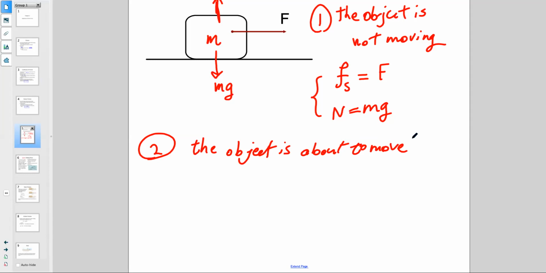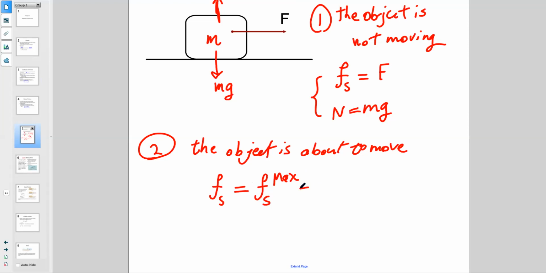But in this case, the object is about to move. It's not moving yet. Okay, so you can kind of feel that the object is about to move, and at that point, you are dealing with the static friction, which is the maximum amount of static friction.